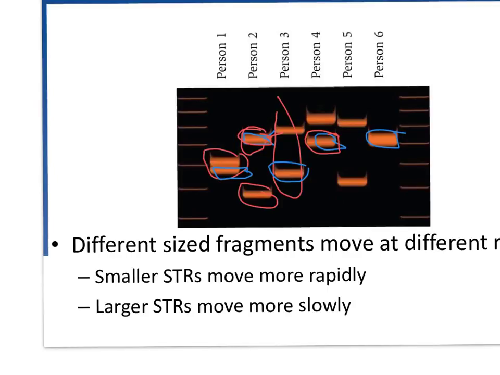Because even if you share a fragment that's identical length with someone else that is, let's say, not related, on another variable region, you will probably not have the same allele or fragment length. You'll probably have a different one. Whereas if the two people that you're looking at are actually related to each other, then they'll share more of these 13 regions with the same allele.